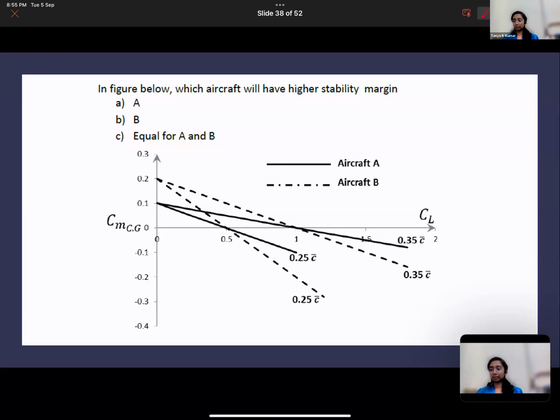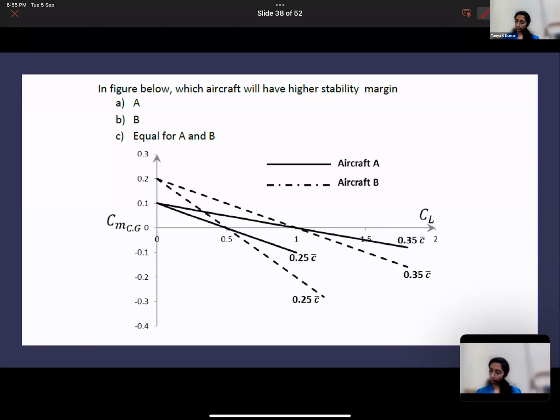How do you define stability? For a longitudinal case, how do you define stability? dCM by dCL, yes. So your graph is CM versus CL. Whichever has more minus dCM upon dCL.